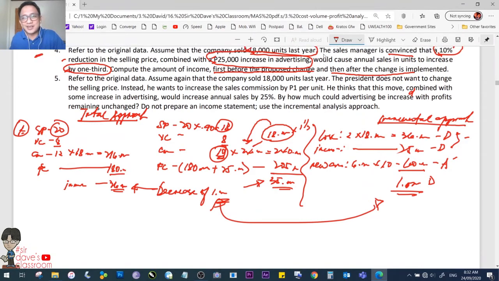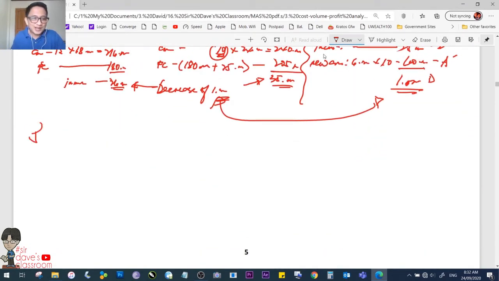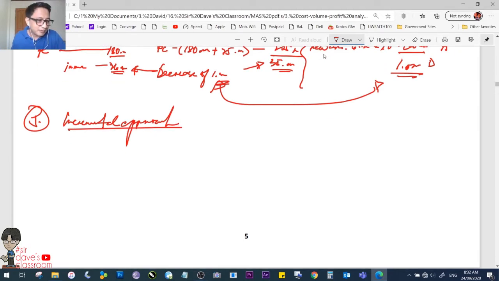Use the incremental approach. So, ininsirakan na tayo, sanayin mo na daw talaga yung ating incremental approach. Very advantageous kasi yan, class, pagka nasanay mo. Mabilis, so time efficient ka. Dito sa ating number 5, we evaluate again the consequences. Alright? Ayaw niyang baguhin yung sales, pero i-increase naman daw niya yung commission by 1 peso. That is variable cost.